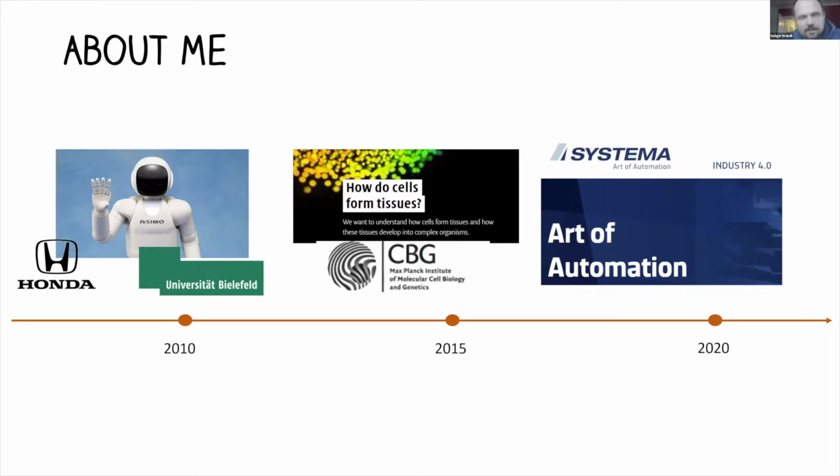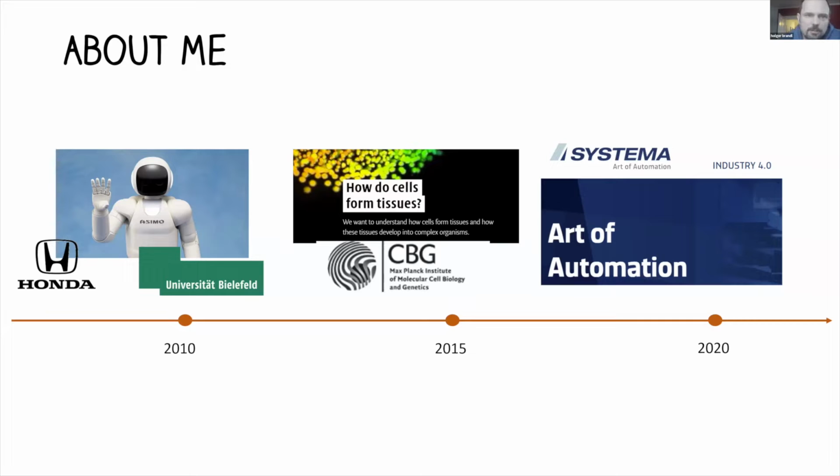So before diving into the technical details, allow me to briefly introduce myself. I started my career at Honda in collaboration with the University of Bielefeld in Germany, where I was doing humanoid robot research. My project was about building a model that enables the humanoid robot to learn the structure of human language, similar to how infants do. Later on, I moved to systems biology.